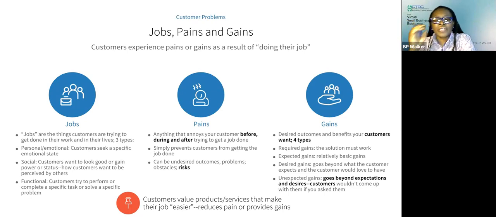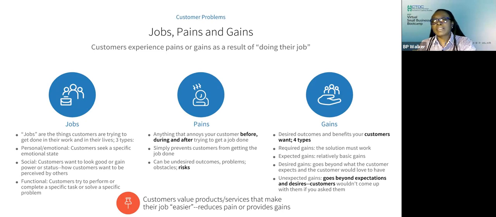The gains, on the other hand, are a little bit different. We're talking about the desired outcomes that they want to have. And the desired outcomes could be required, expected, desired, or unexpected, and it's all on a spectrum. The required gain is just, it's supposed to happen. If I use the hair care product, my hair is supposed to grow.